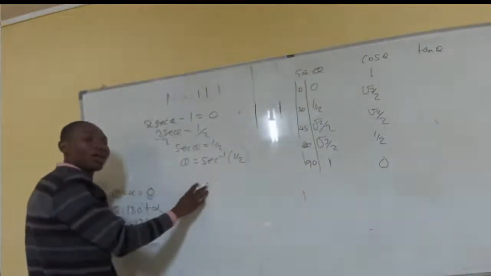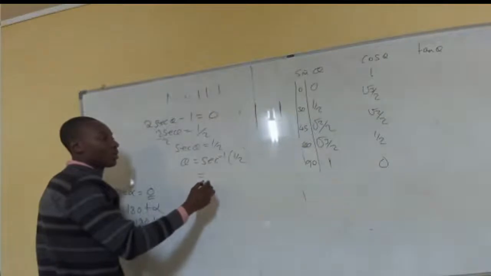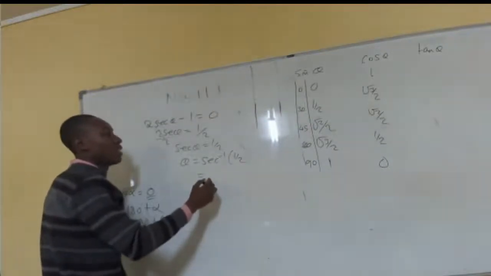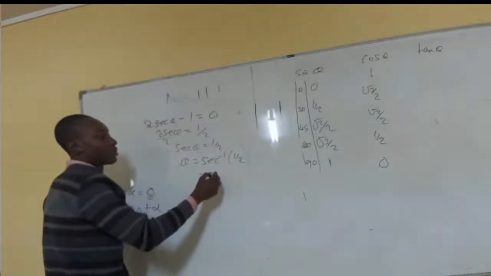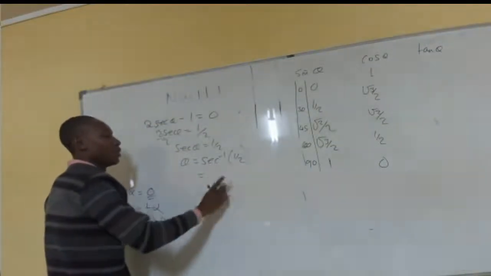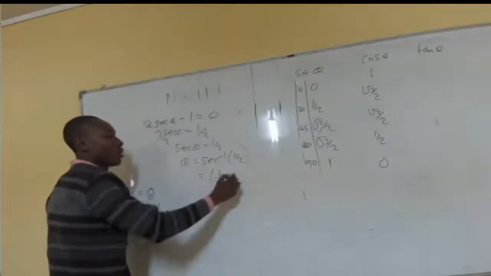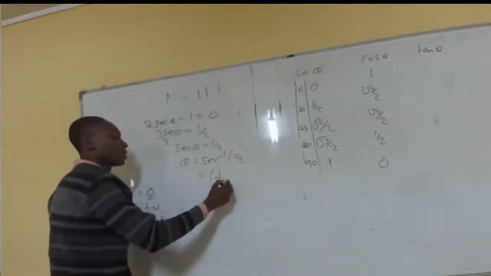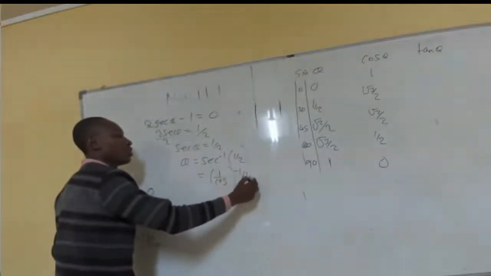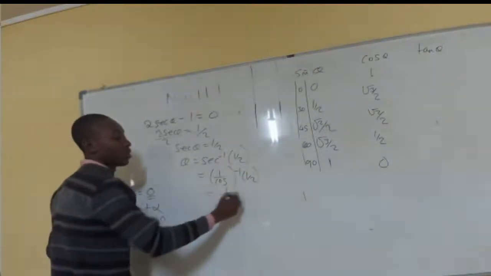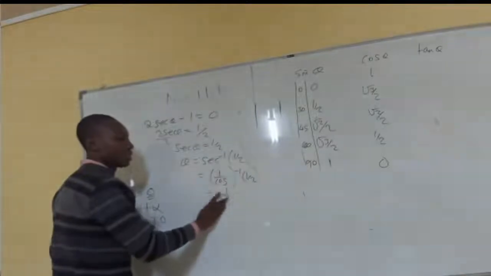Now you know what sec is. Sec is actually 1 over cos. So this is the same as 1 over cos inverse of 1 over 2.